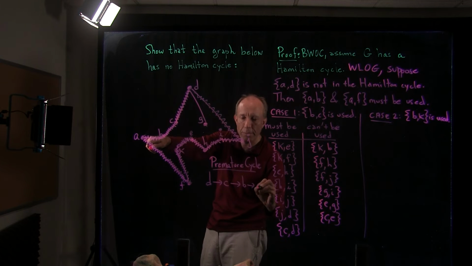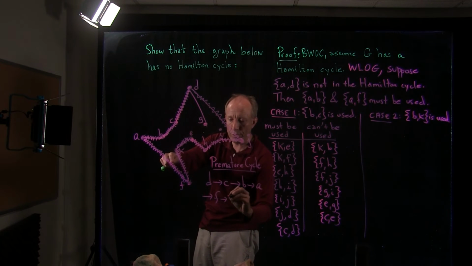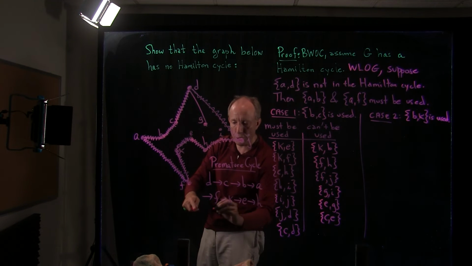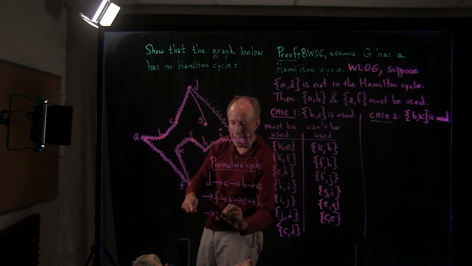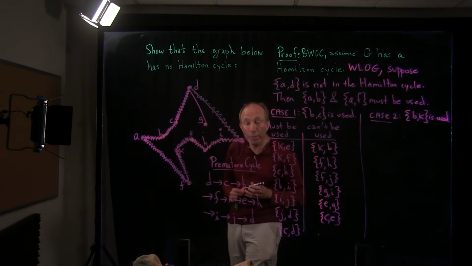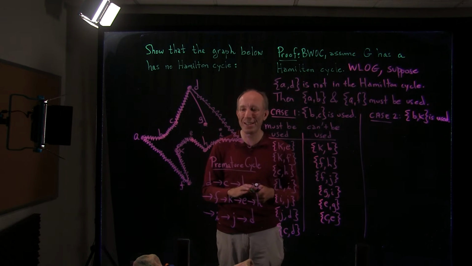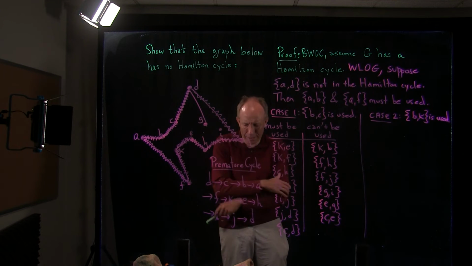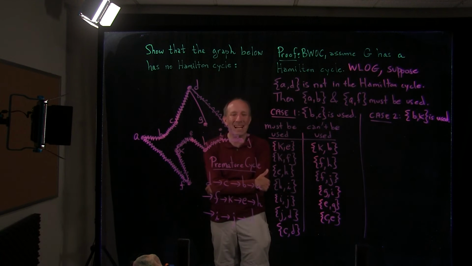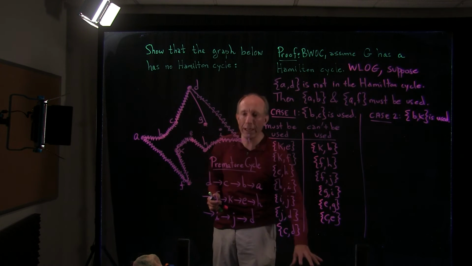C goes to B, B goes to A, goes to F, goes to K, K goes to E, which goes to H, which goes to I, which goes to J, which goes back to D. That is premature. It almost managed to reach all of the vertices in this graph. There's, I think, 11 vertices in this graph, and we managed to reach exactly 10 of them. But that is a contradiction. That is, without a doubt, a contradiction.